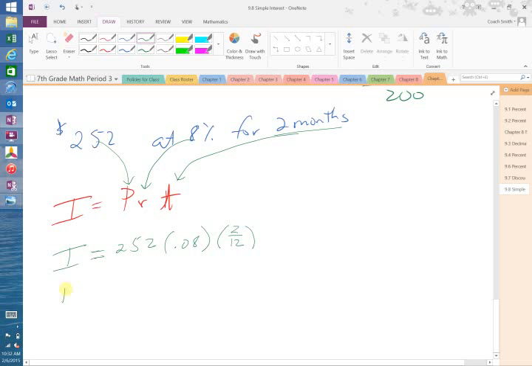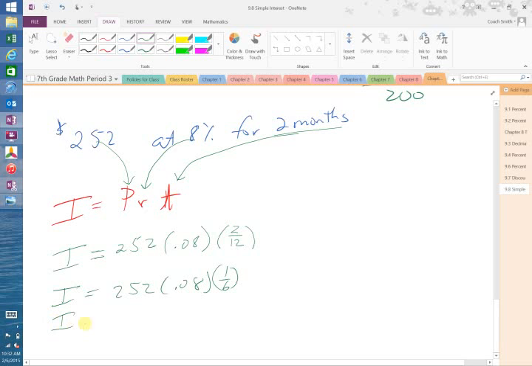We need to take this 252 times 0.08 and make it 1/6. That'll help a little bit. We won't have to reduce anything at the end. Now, what I'm going to do here, because it'll make it a little easier, I'm going to take the 1/6 and multiply it times 252.